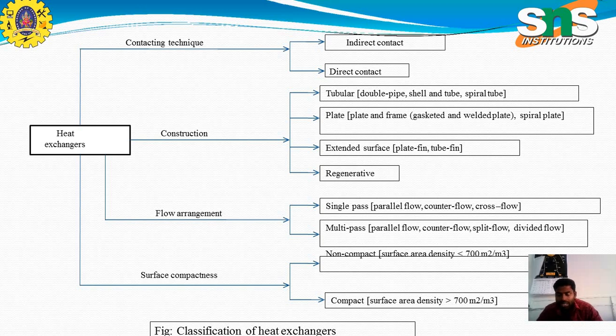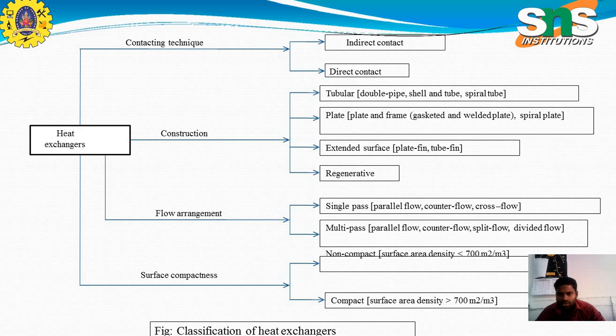In the multi-pass heat exchanger type, the heat exchanger container has a number of tubes in which the fluids are separated, and each fluid medium is circulated a number of times, based on our requirement or application. If we want a huge volume, we can go for the multi-pass heat exchanger, whereas we get better heat transfer or better exchange of heat.